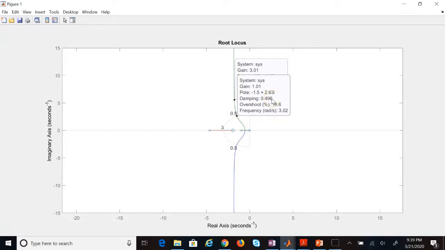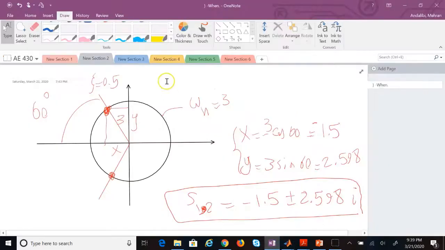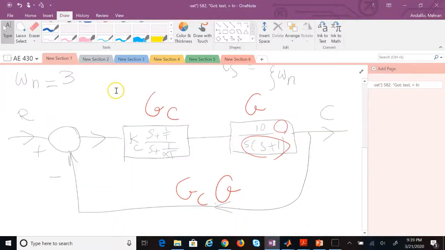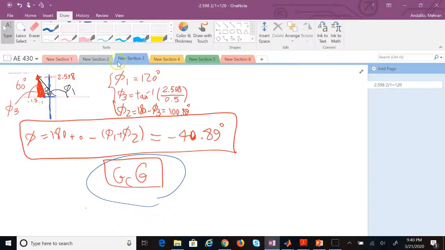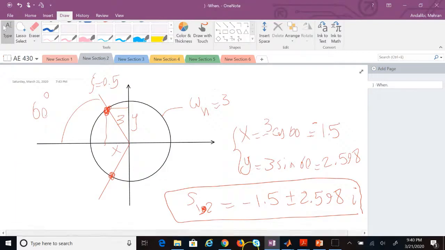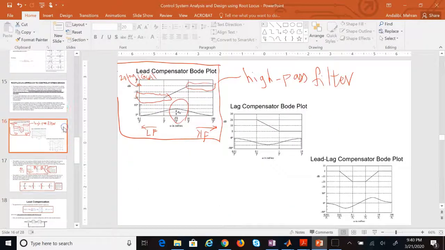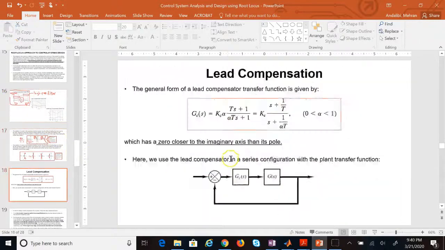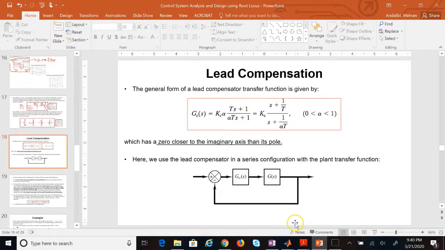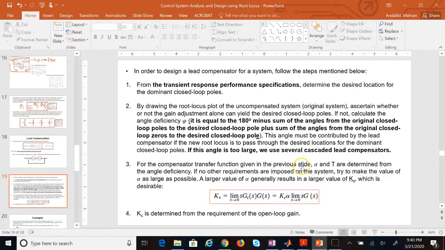Damping is almost 0.5, omega n is almost 3, and the overshoot is 16%. Remember, that's what we calculated, I assume, somewhere. Where was that? I showed you that, or it was in the PowerPoint, I guess, somewhere here, that I calculated for you that the overshoot is going to be 16%, which is good. I said it goes from 60 to 16.